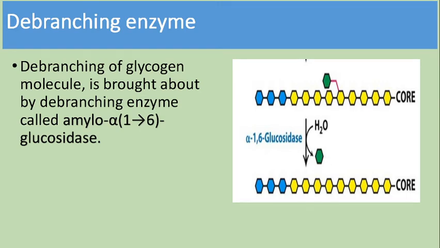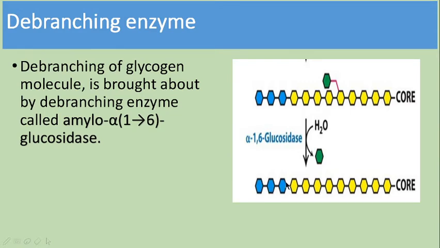Whereas by the action of glycogen phosphorylase, the terminal glucose residues are phosphorylated and all the glucose residues will be cleaved in the form of glucose 1-phosphate. Whereas with the action of the debranching enzyme, free glucose will be liberated. Now the glycogen core has only alpha-1,4 linkages. There is no alpha-1,6 branch point.